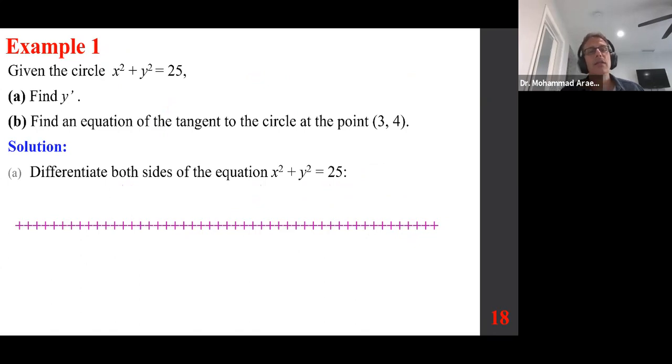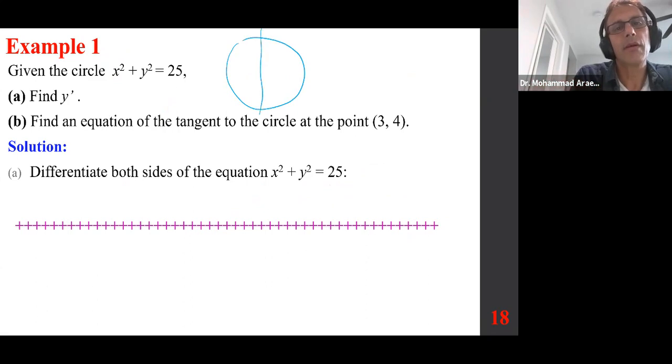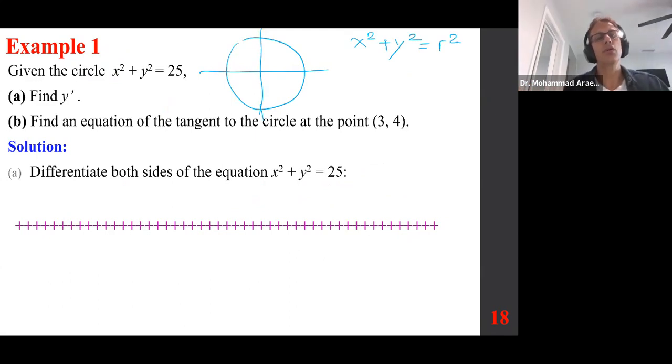All right, here's another example. Again, you can solve for y, but you don't have to. I hope you remember the equation of a circle centered at 0, 0 is x squared plus y squared equals r squared.